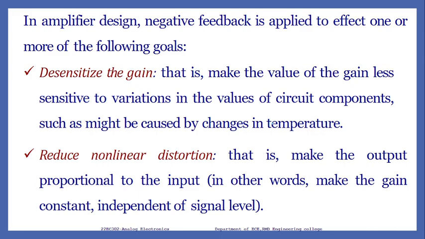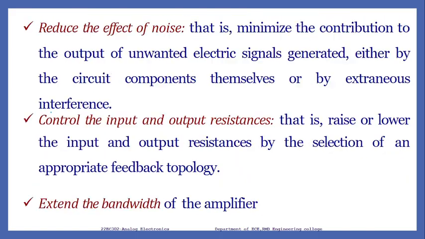Right. Because of this negative feedback, we are going to achieve certain goals. The first one is to desensitize the gain. As mentioned already, the value of the gain will be very less sensitive to the variations in circuit components, that is, with respect to temperature. The next one, it reduces the non-linear distortion.